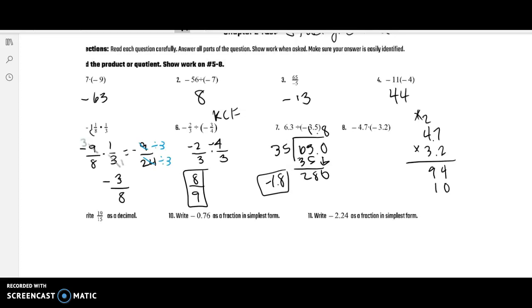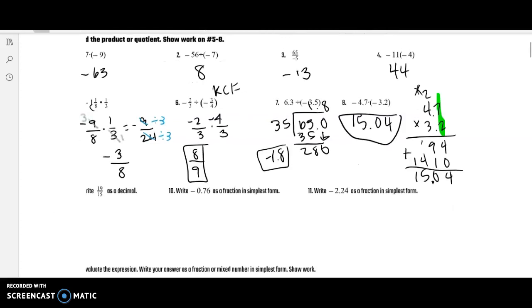And then 12 plus 2 gives us 14. Add these together. And then there's 2 numbers after the decimal, and so our decimal is going to go in front of the 0. So we get 15.04. And it's positive because the whole thing is positive, or 2 negatives make a positive.